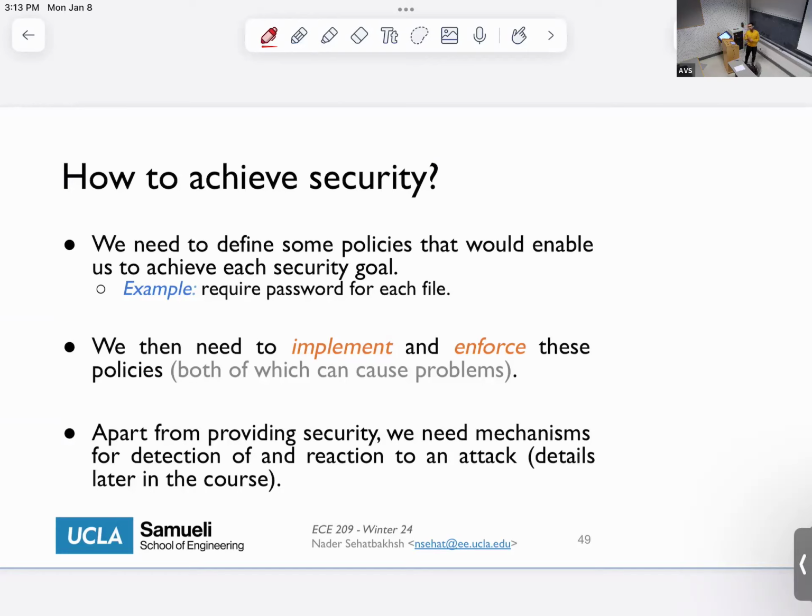And not only implementation, but also enforcing, because we need to make sure that this password checking is always enforced at the beginning of the system, when it's booted, when the power goes off and comes back, and all those scenarios. There are many, many different scenarios where you want to make sure that this enforcement is always there. And as I said, these are the two main things that are the number one cause of our systems not being secure, okay?